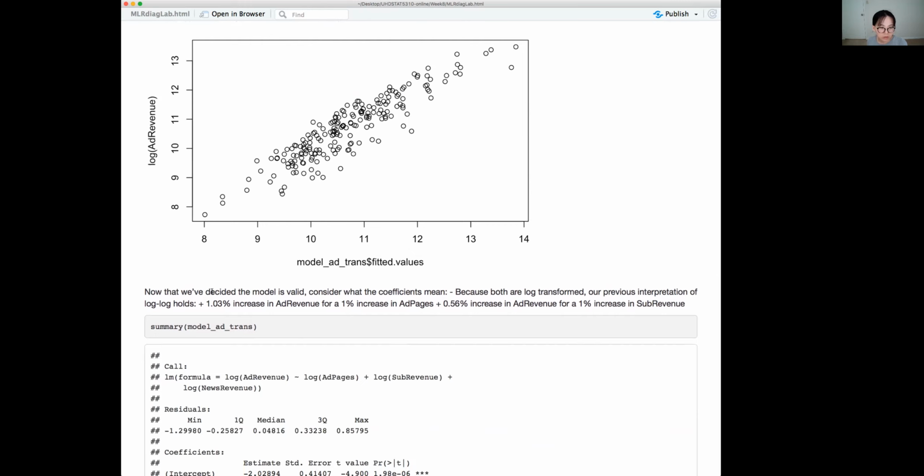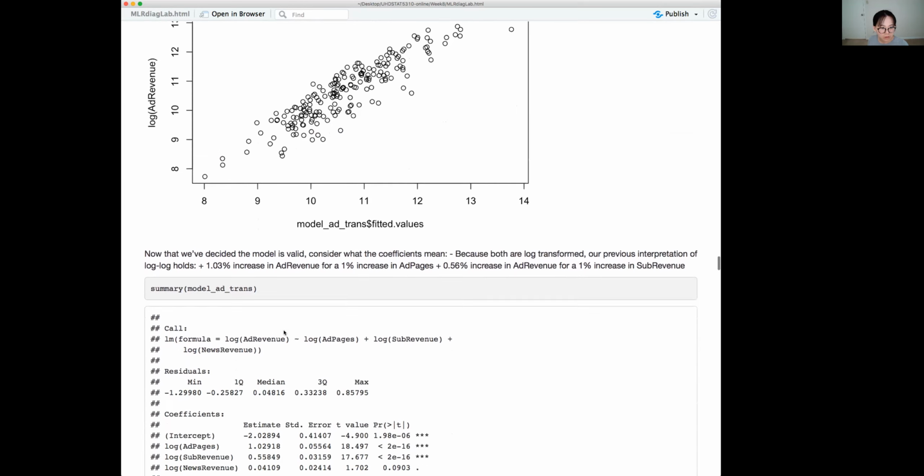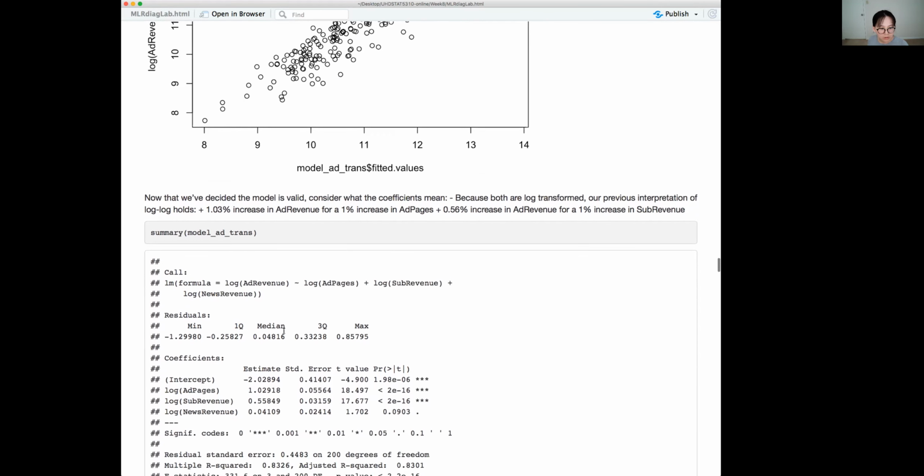Now, if we want to interpret the model after we decide the model is valid, because both y and x are log-log transformed, the log-log interpretation holds.